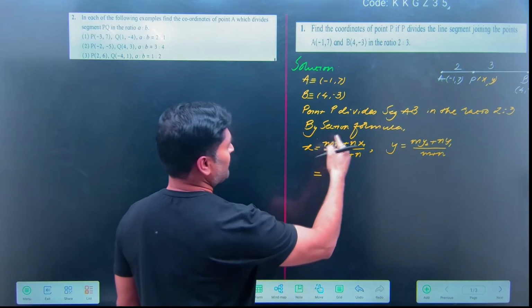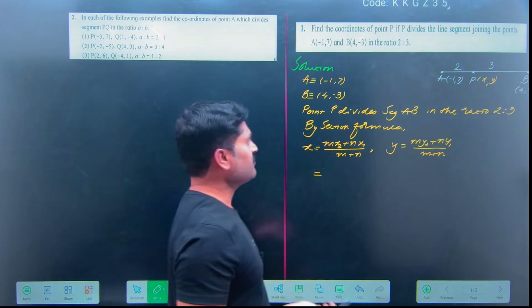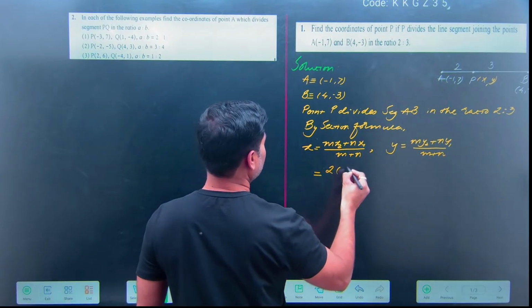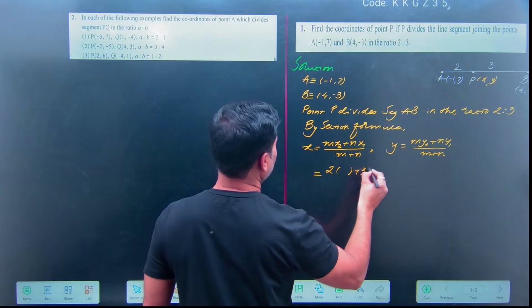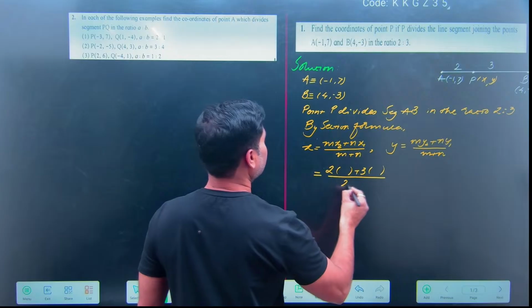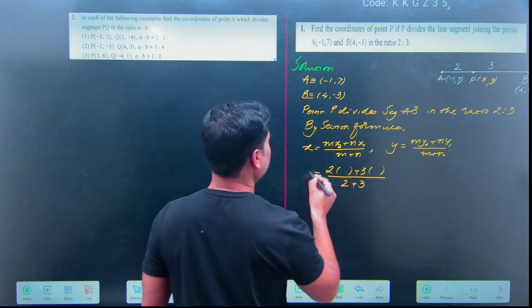So there m and n are nothing but the given ratio 2:3. So 2 into you need to copy some number and 3 into you need to copy some coordinate, and then in denominator you need to add these multiples.